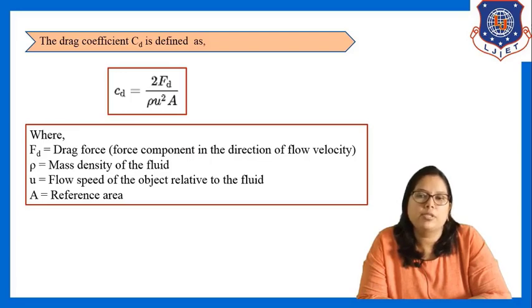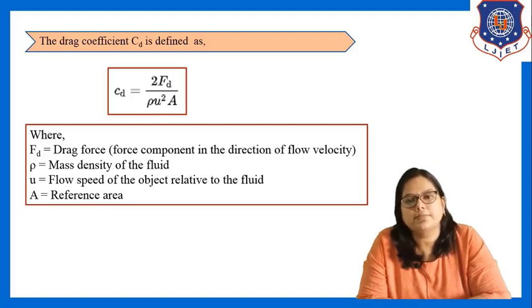FD is the drag force, that is the force component in the direction of flow velocity. Rho is the mass density of the fluid. U is the flow speed of the object relative to the fluid, that is velocity. And A is the reference area.